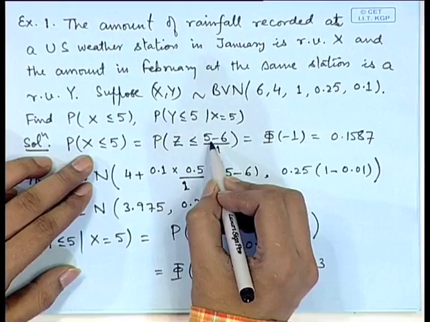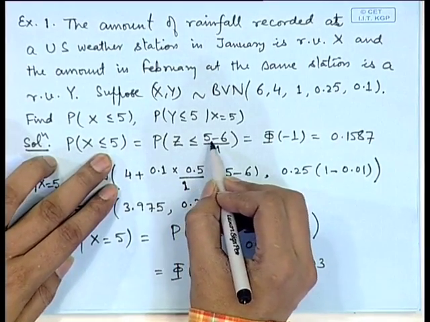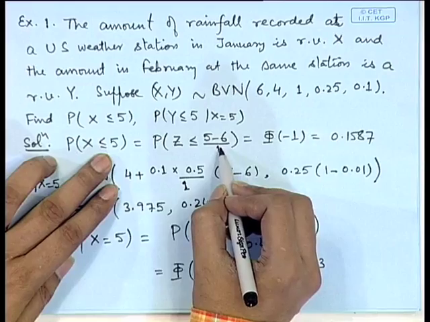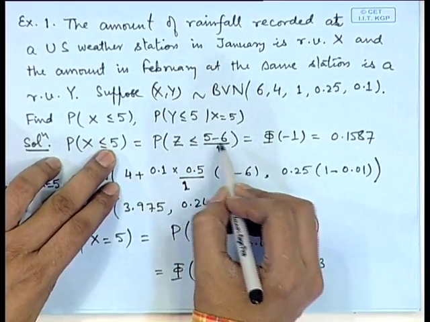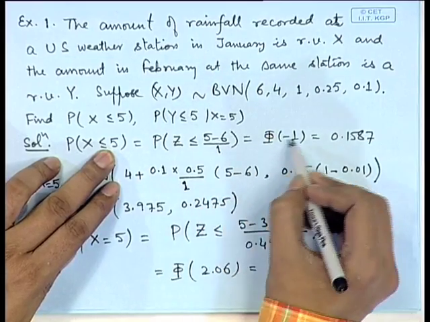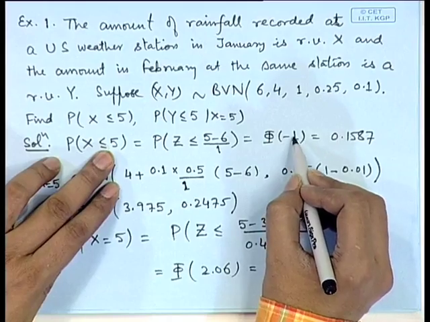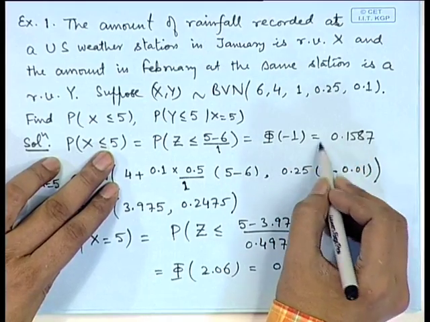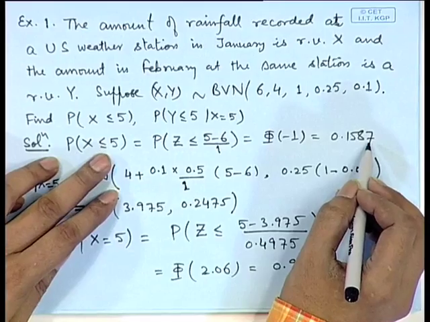So, it is simply transformed to the standard normal probability as z less than or equal to (5 minus 6) by 1. Here z denotes the standard normal random variable. So, from 5 we have subtracted the mean of x and divided by the standard deviation, which is equivalent to the CDF value of a standard normal variate at minus 1, which we see from the tables of normal distribution as 0.1587.